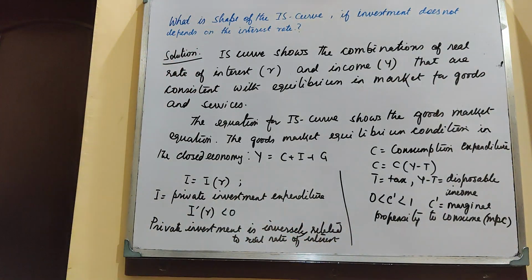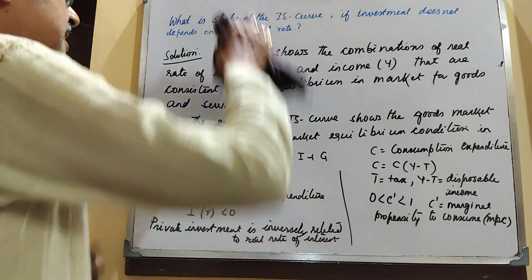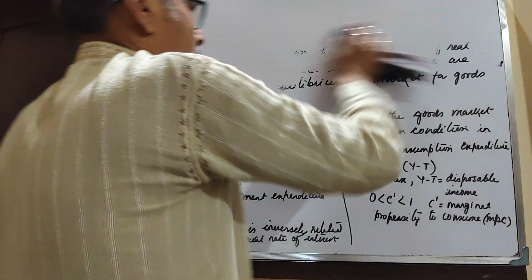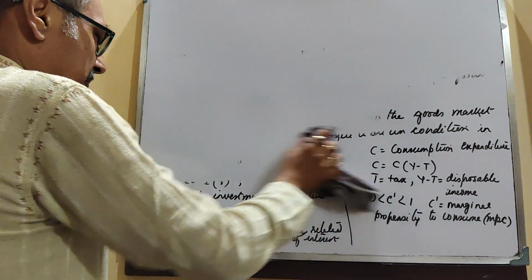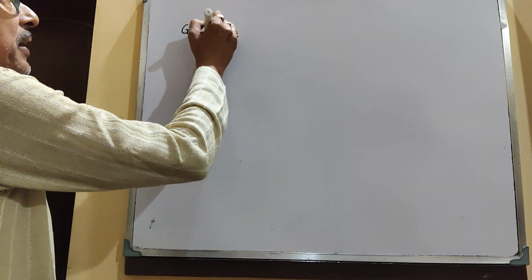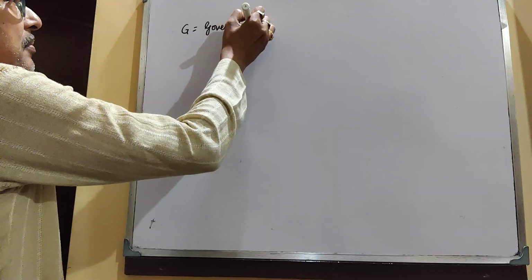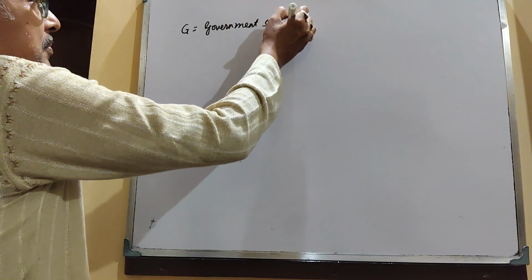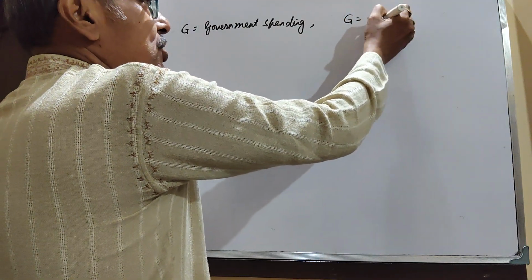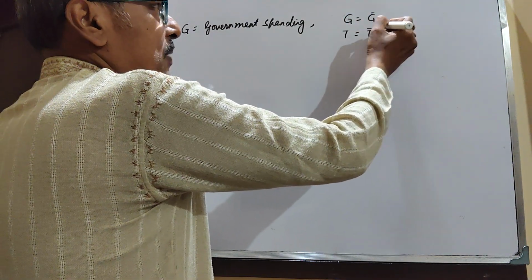Now what is G? G is government spending, which is assumed to be autonomous, that is G equals G bar, and T is also autonomous.